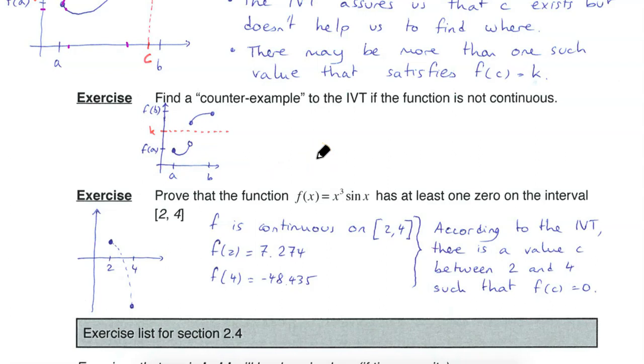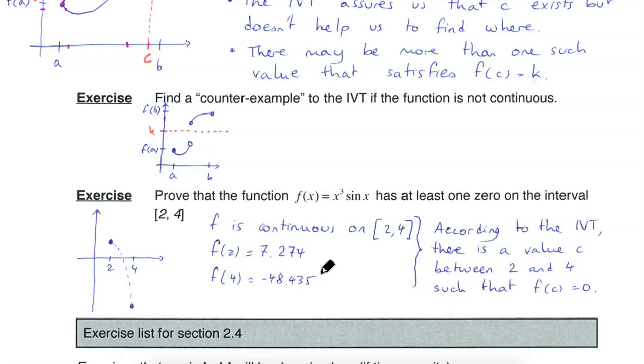For instance here, prove that this function has at least one zero in the interval [2, 4]. Firstly, I need to check that f is continuous on the interval [2, 4], and yes it is, because x cubed is continuous, sine x is continuous. Secondly, if I have a calculator, I can find that f of 2 equals 7.2 approximately, f of 4 equals negative 48.4 approximately, and now I can conclude.